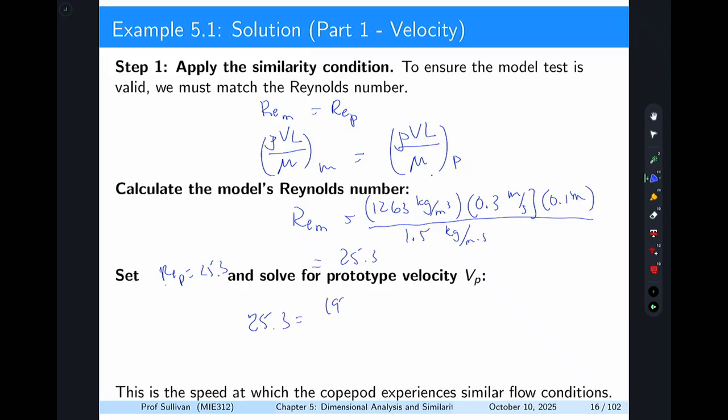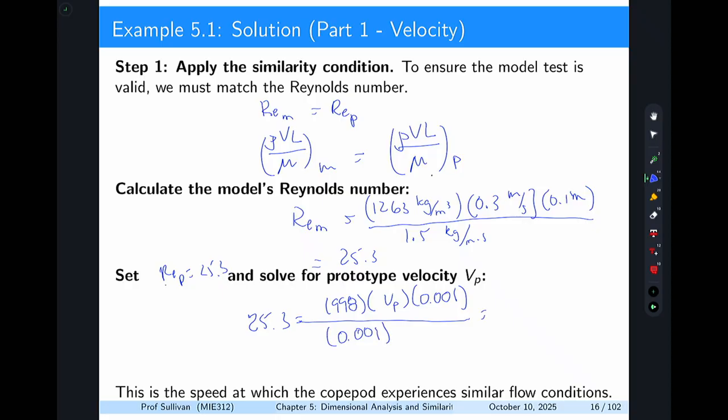And here we put 998. I'm not going to put units on it. VP, 0.001. Just want to make sure I have the right. Yep, it is 0.001 kilogram meter second.